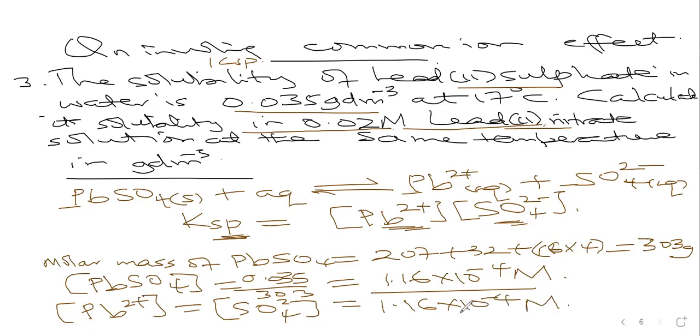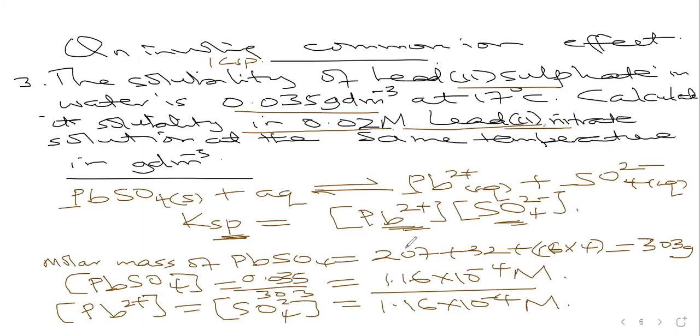Yes, teacher. So this implies that our solubility product, KSP, is equal to 1.16 times 10 to the power -4 squared. We are just squaring this value, do you realize that? Because they are the same.